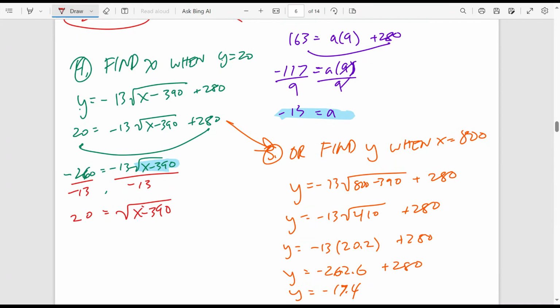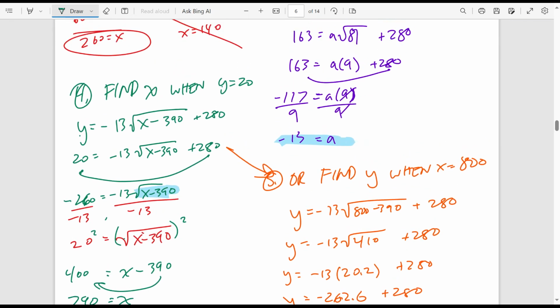Now I take the square of both sides. So I'm going to square this side and square this side. So 400 is equal to x minus 390. Then when I solve for that, bringing it over, we would want it to be around 700, so it'd be 790.